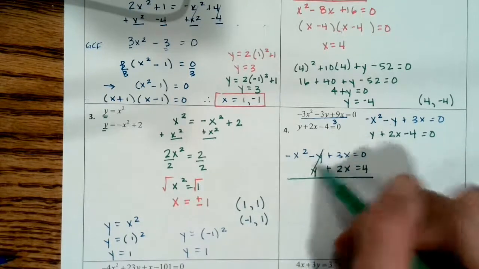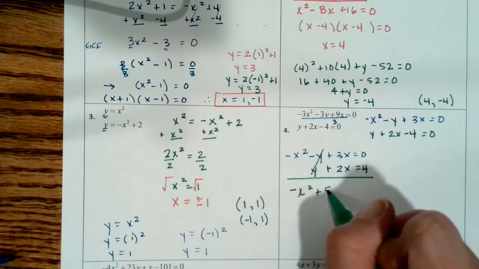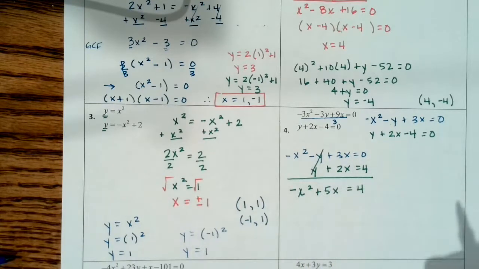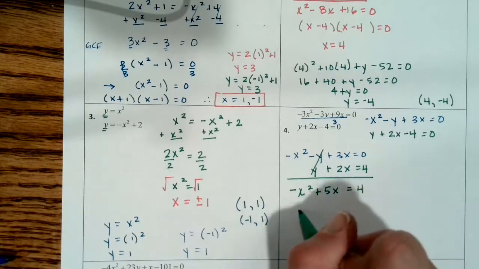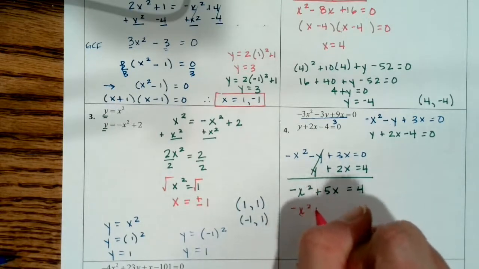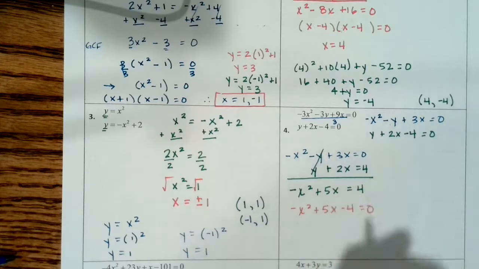My y's cancel out. The opposite of x squared plus 5x is equal to 4. Because it's a quadratic, I'll go ahead and set everything equal to 0. The opposite of x squared plus 5x minus 4 is equal to 0.